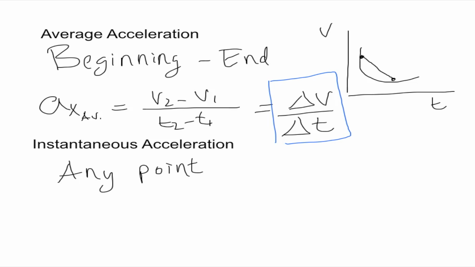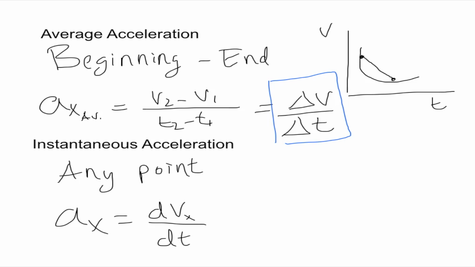Because the acceleration is the rate of change of velocity over time, we will obtain the derivative of velocity over time. So our a_x is going to be the derivative of velocity over time, or with respect to time.